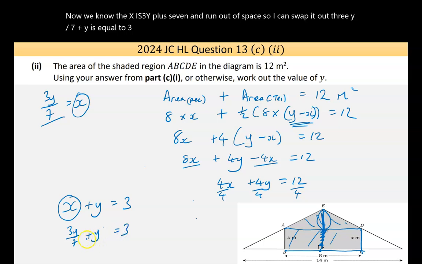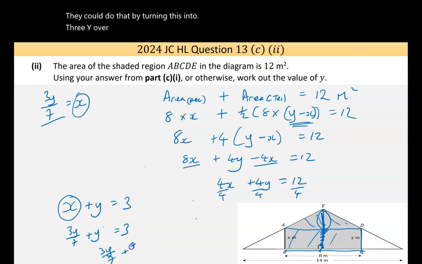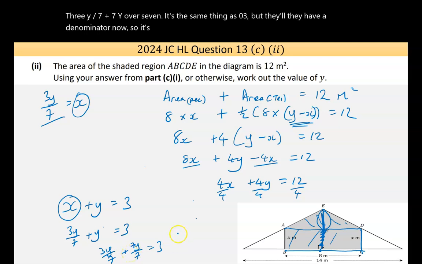Now I'm going to have to combine them together. I could do that by turning this into 3y over 7 plus 7y over 7. That's the same thing, equal to 3, but they have a denominator now. So it's 10y over 7.